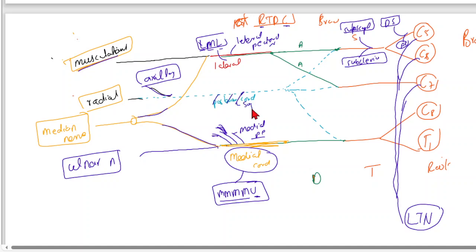One is the superior and one is the inferior: the superior subscapular nerve and inferior subscapular nerve, and another is the thoracodorsal nerve. You have to remember this. The thoracodorsal nerve arises from the posterior cord. Okay, it's so easy. Superior subscapular, inferior subscapular nerve, and thoracodorsal nerve. These arise from the posterior cord.